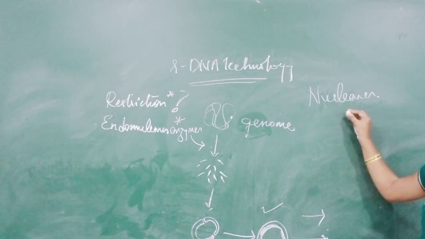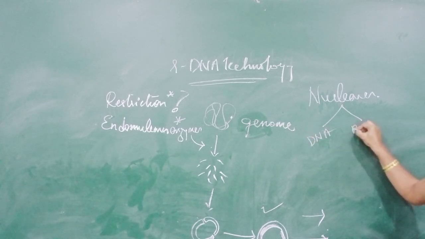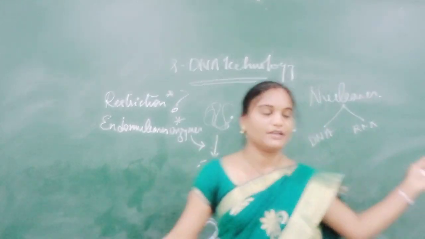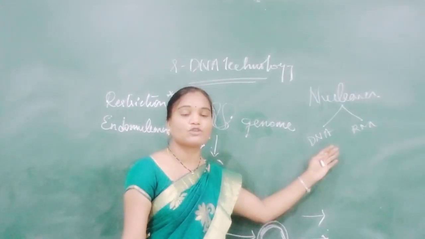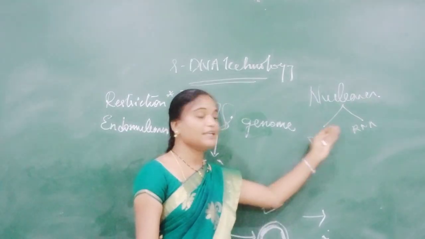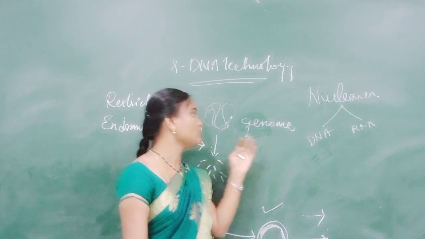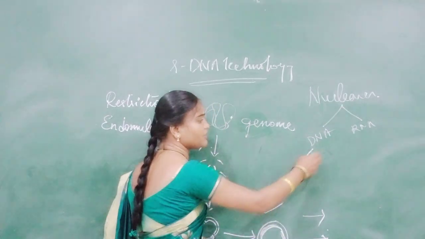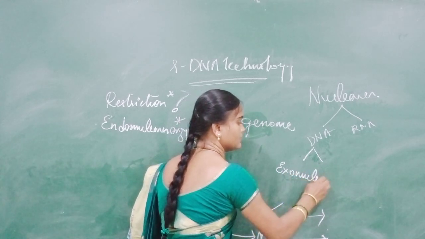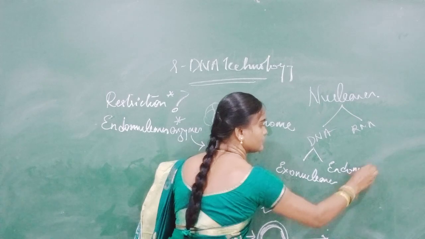Nucleases are of two types: DNases and RNases. DNases are DNA nucleases which cleave your DNA molecule, and RNases cleave your RNA molecule. Here there are two types of enzymes, exonucleases and endonucleases.